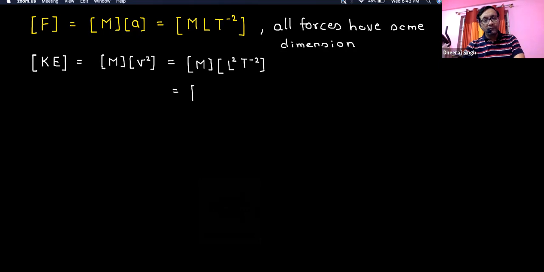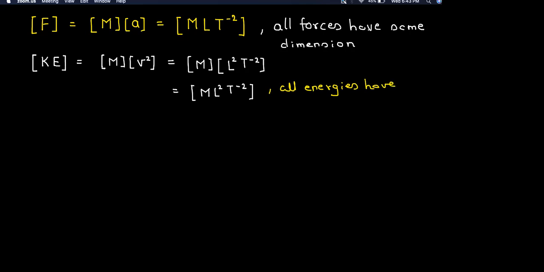So it will become M L squared T to the power minus 2. All energies in the universe have the same dimension.